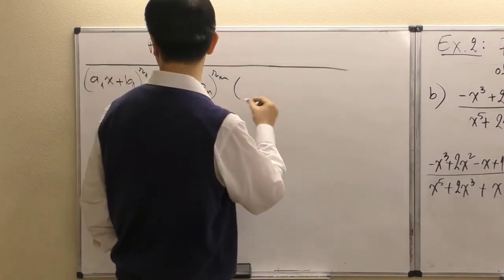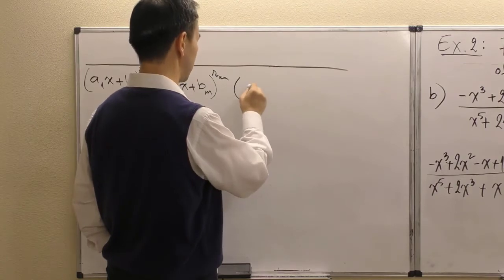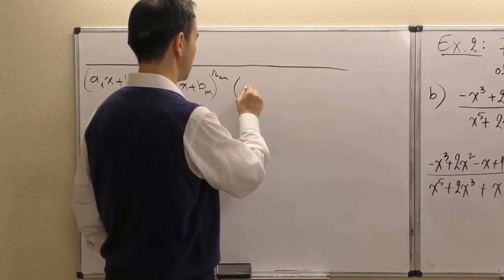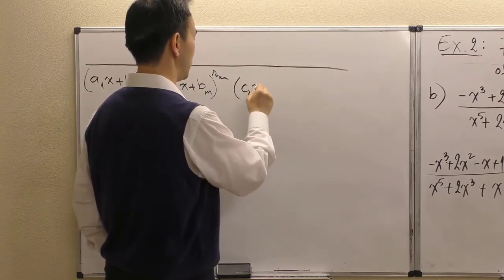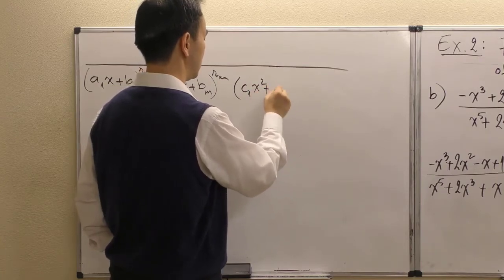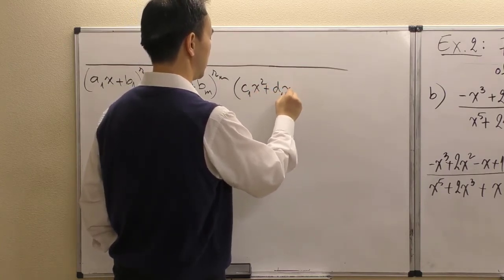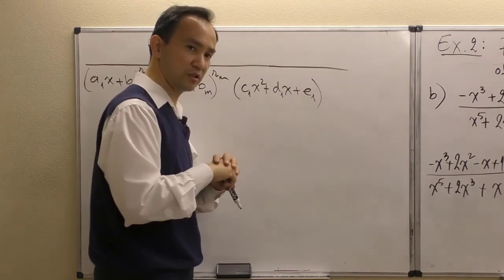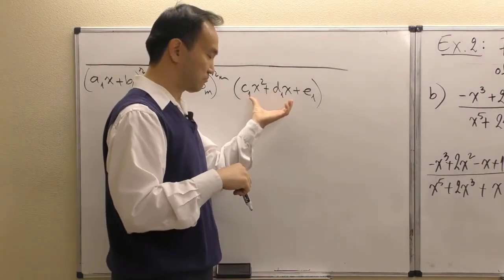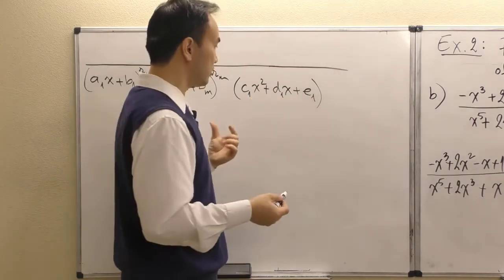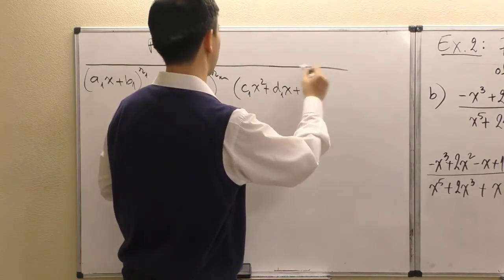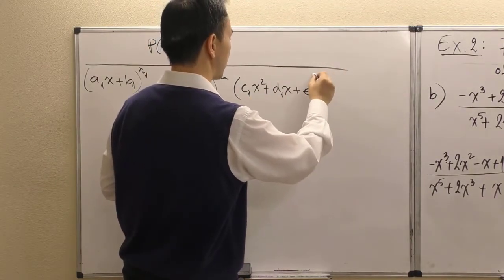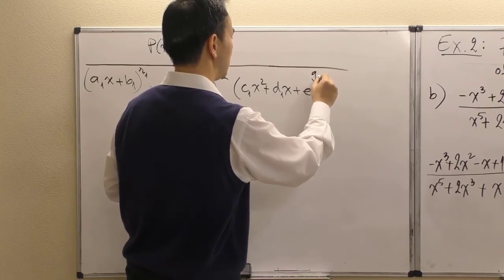So let's call those c1 x squared plus d1 x plus e1. So c, d, and e are the coefficients of the irreducible quadratic, and this is raised to some multiplicity q1.